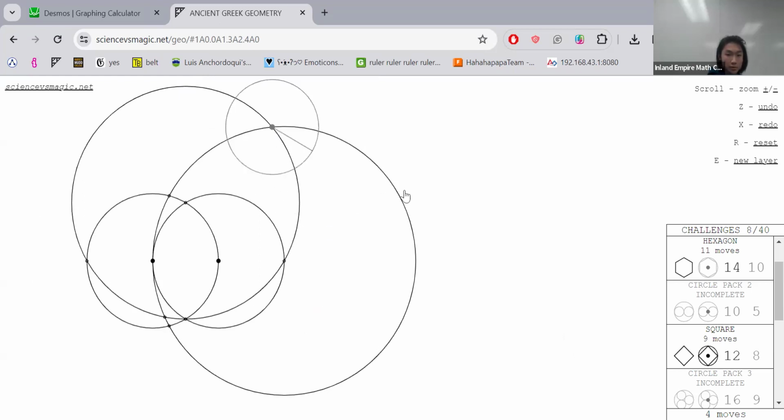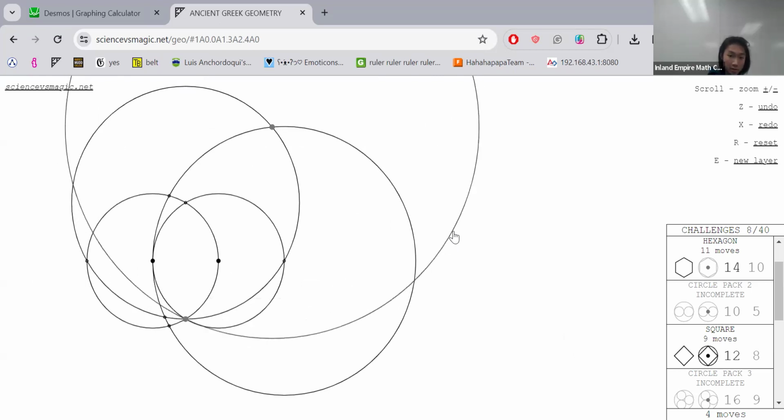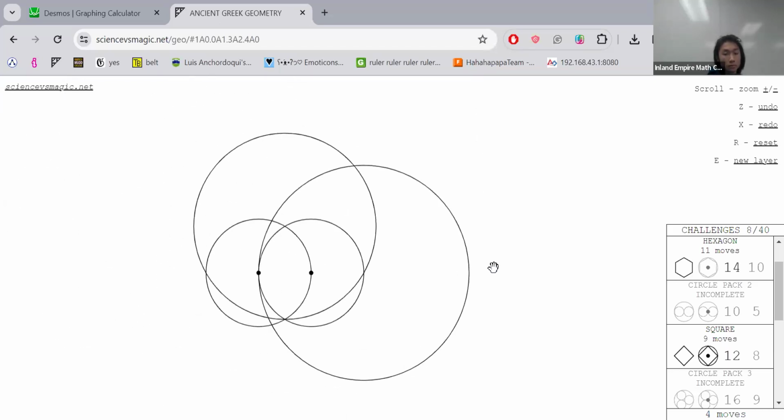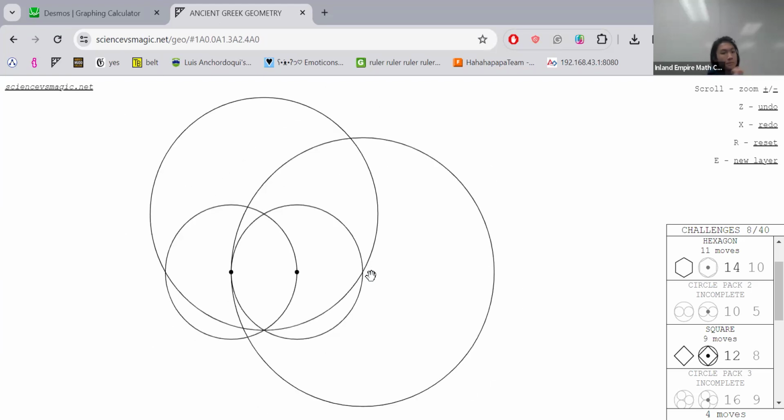So I think the method might be to... It's actually kind of hard. I don't think I'm solving it either.